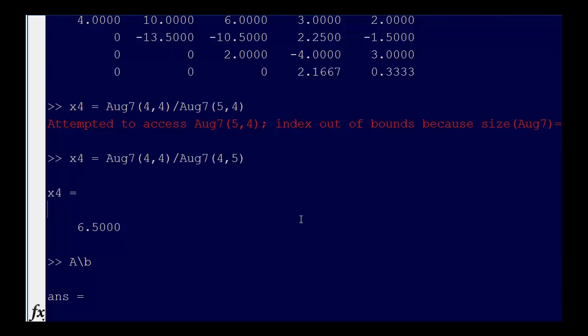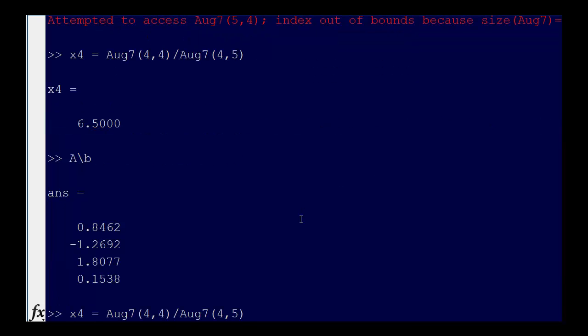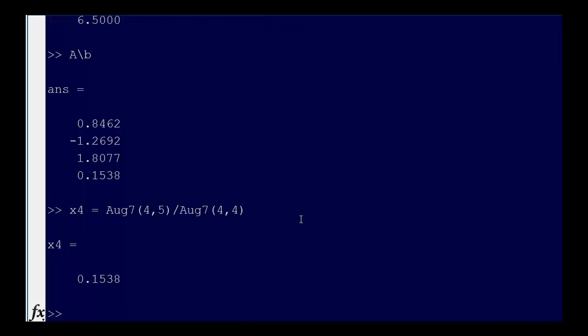Well, of course, I did the wrong thing here, sorry. Here that was the 4 5, so it's the B over the A, right? B over, no, don't do it wrong at the very end. Og7 4 4. That's it. Okay, 0.1538. So we got it, and we can just finish back substituting in there.